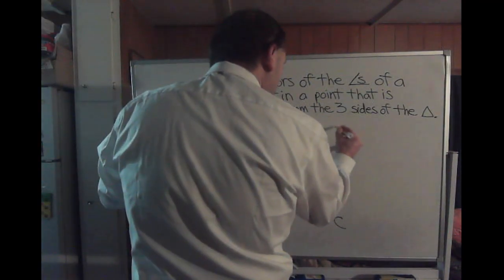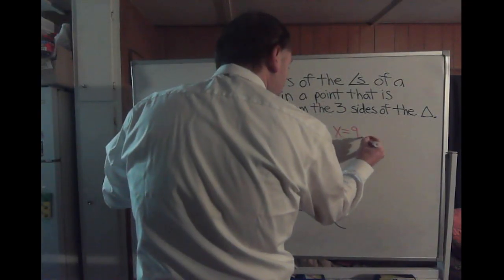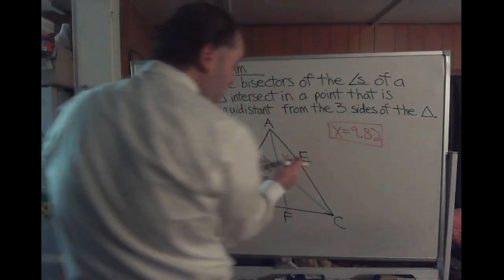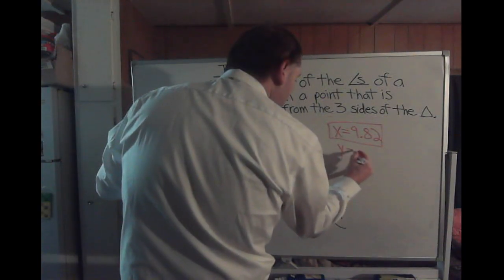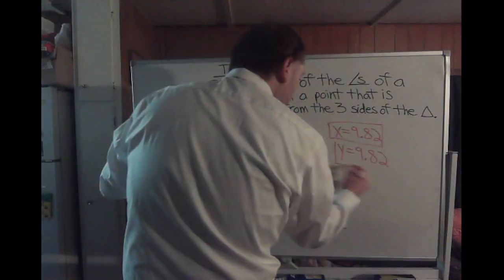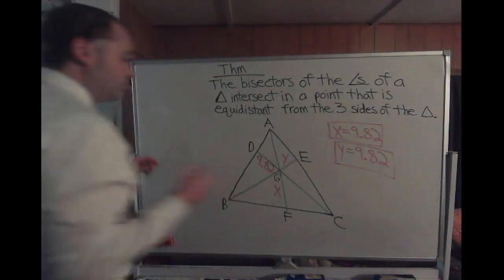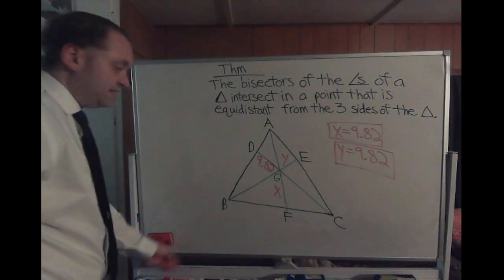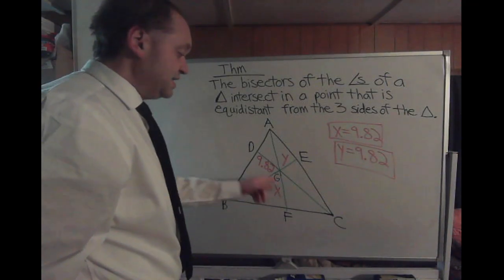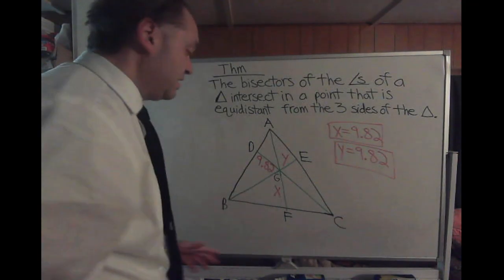So X would also equal 9.82, and Y itself would also equal 9.82. So this is a pretty simple theorem to understand: the angle bisectors all intersect in a point that is equidistant from the three sides of the triangle.